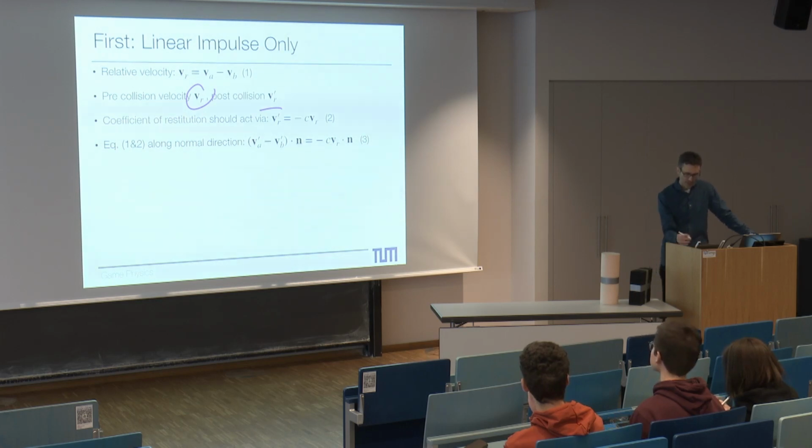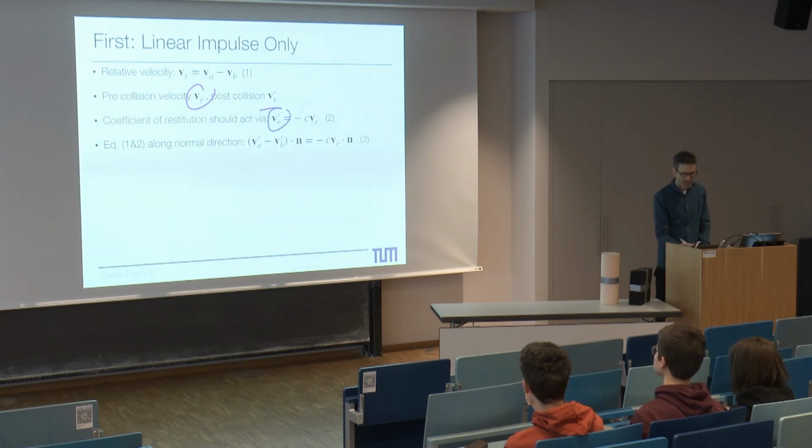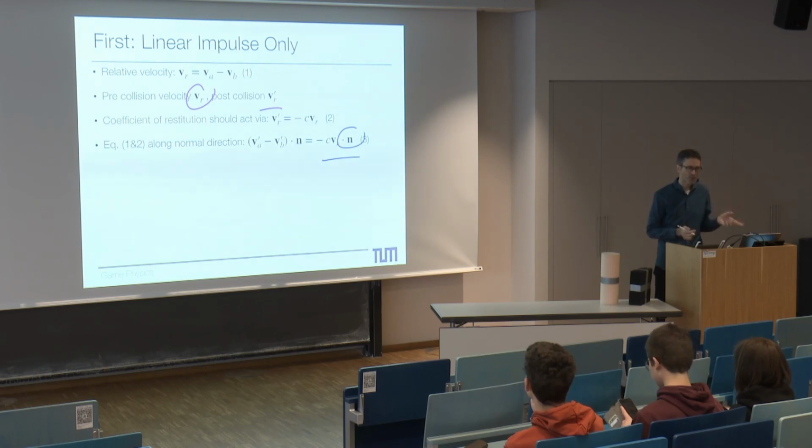But this equation now already took 2 steps. So here that we have a relative post-collision velocity, we already inserted a minus b here, and then project this onto the normal direction. And on the right side here, we just compute a dot product, project the relative pre-collision velocity also along the normal direction.